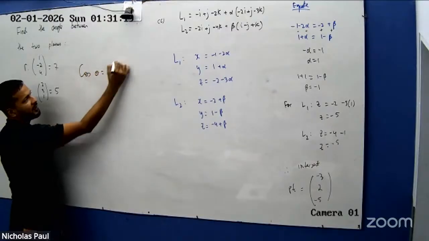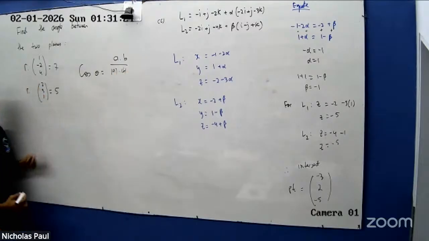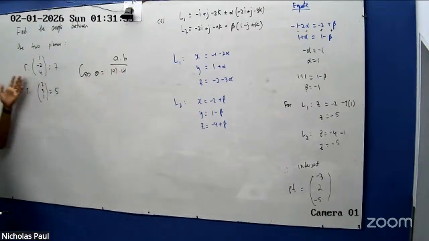Cosine theta is equal to A dot B over mod A mod B, right? So all we have to do is figure out what A and B will be.